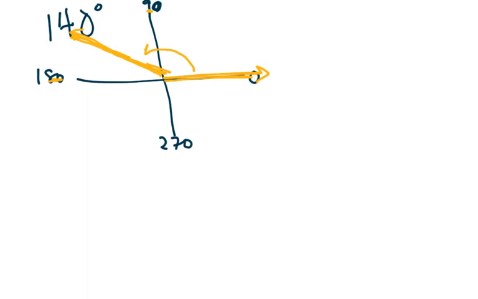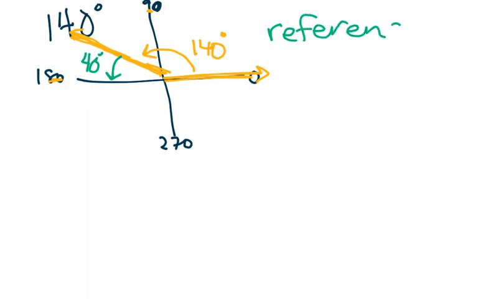So this angle is 140. And then the other side of it here is going to be 40 degrees. So we're actually going to call the reference angle 40 degrees. The reference angle of 140 is 40 degrees because that's closest to the x-axis.